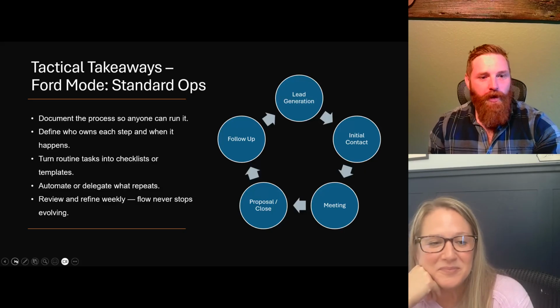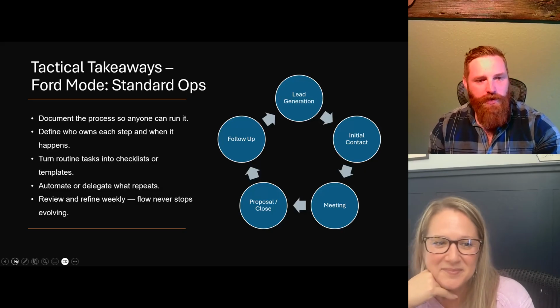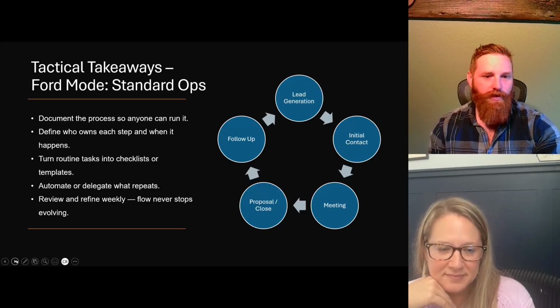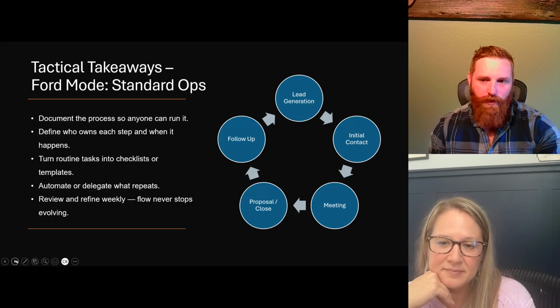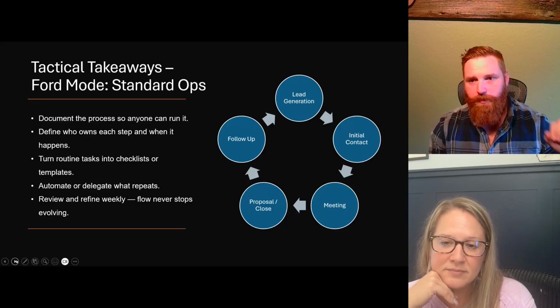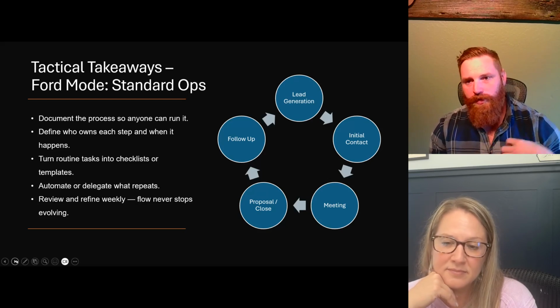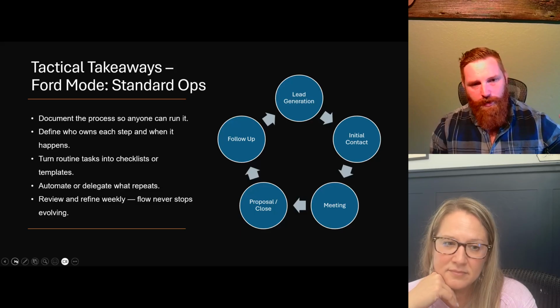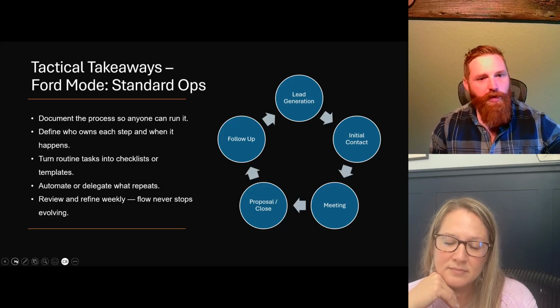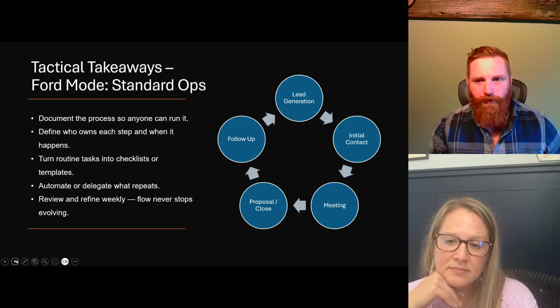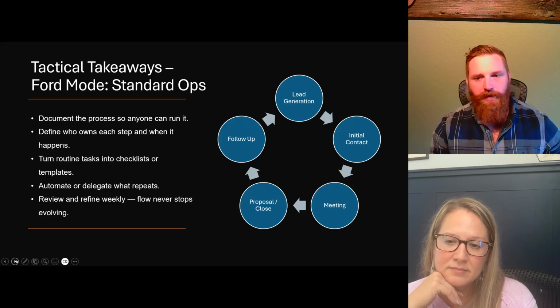Then once you define who owns the task, you want to automate and delegate what repeats. So you want to make sure that once it goes somewhere, it's being checked off on. Like I said, in banking, we had a lot of redundancy where I would create a credit memo, but then three people had to check off on it before it moved on.